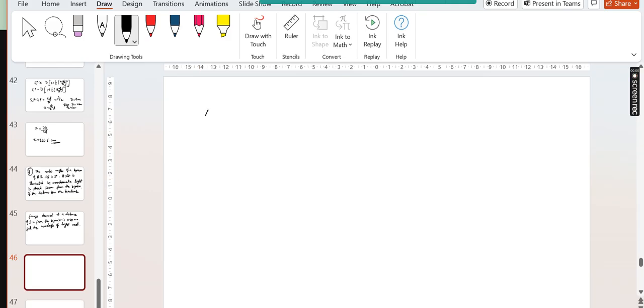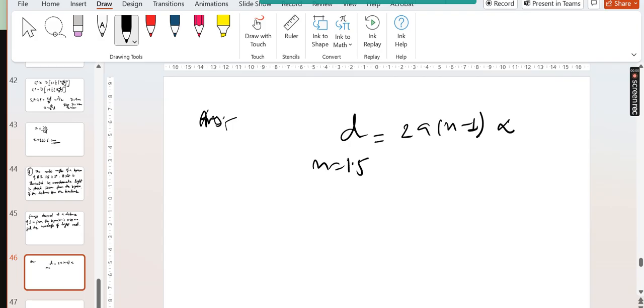So we know d, the distance between the virtual sources, is 2a(n minus 1)alpha, where n is 1.5 and alpha is 2 degree, which should be converted into radian, and a is 10 centimeter.